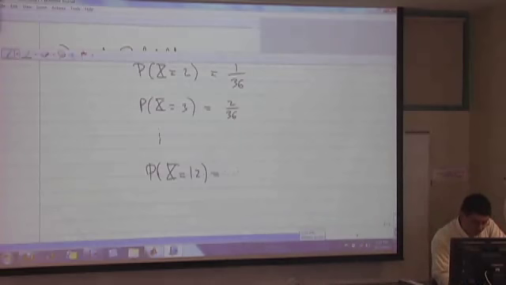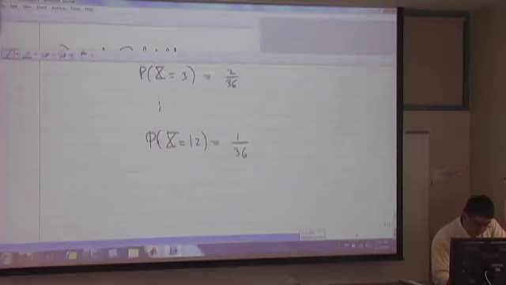So in this case, there's going to be just a discrete number of possible outcomes. You're going to have discrete values for x, those values are 2 to 12, and with this probability.